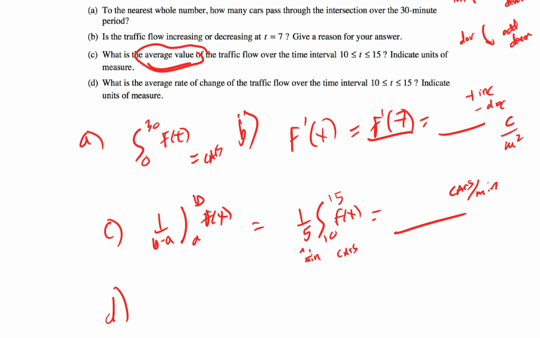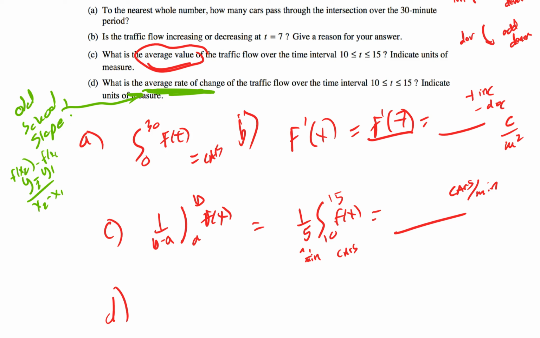Let's talk about D. Another key term: what is the average rate of change? That's the slope, but the old school way: y2 minus y1 over x2 minus x1, also known as f of x2 minus f of x1.